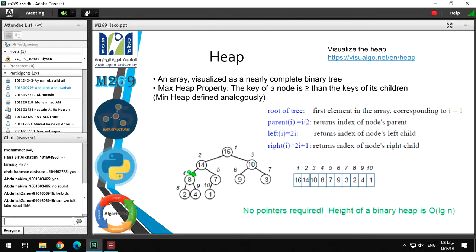We have the 8, number 4, and then the right side, which is 7. Then we go to the second level of the tree, we have the 9 in the same level, and then 3, and then 2, 4, and 1. So here are the 10 elements. This is how the elements are going to be stored in the array, and this is how we visualize the elements in the heap tree.